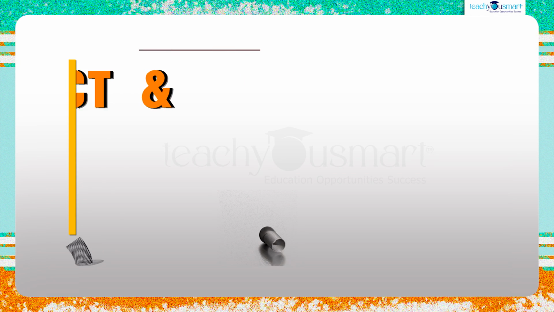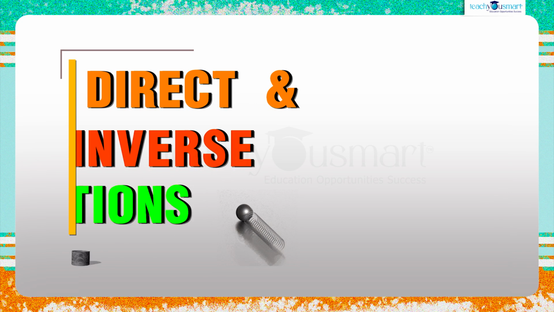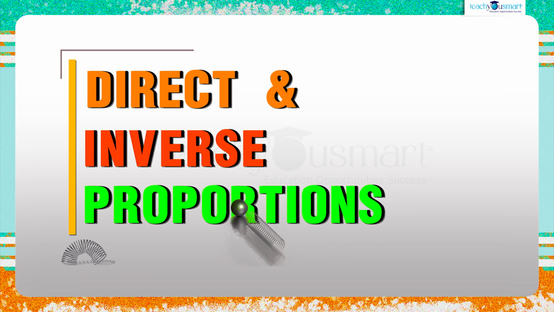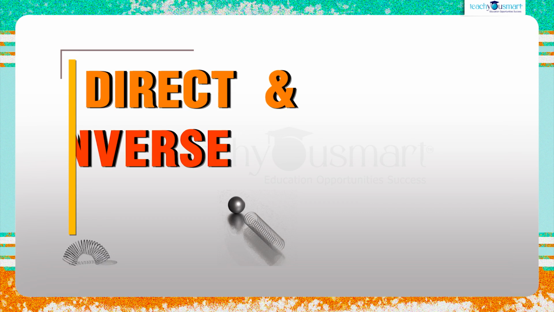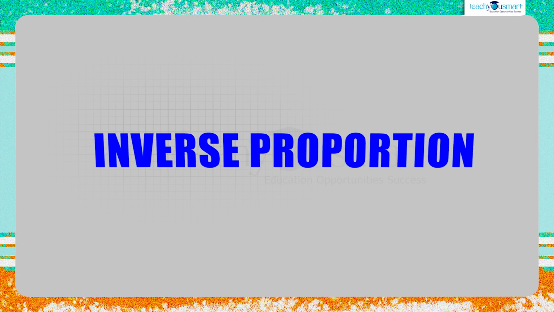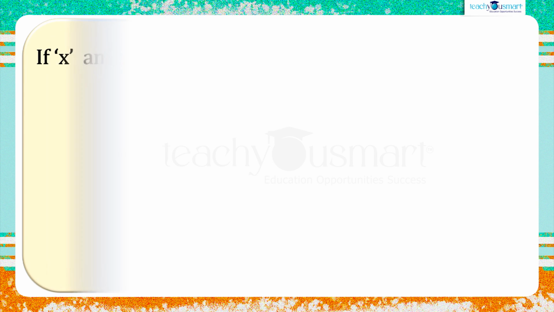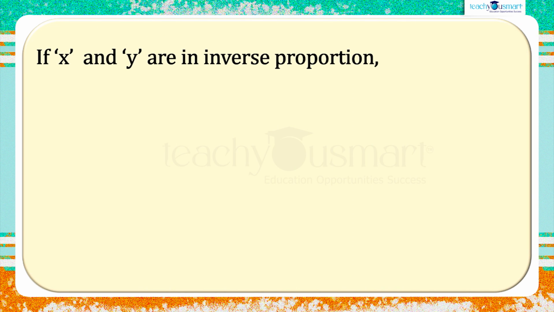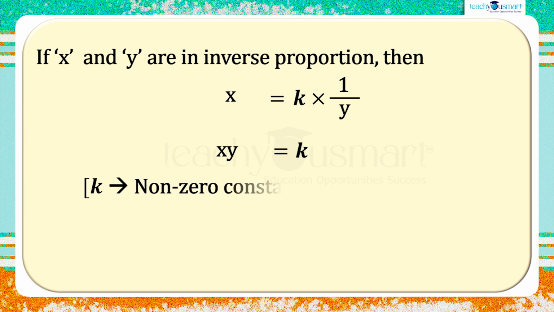Let's continue our journey through direct and inverse proportions. In the last session, we discussed inverse proportion. That is, if x and y are in inverse proportion, then x equals k multiplied by 1 by y, or xy equals k, where k is the non-zero constant of proportionality.